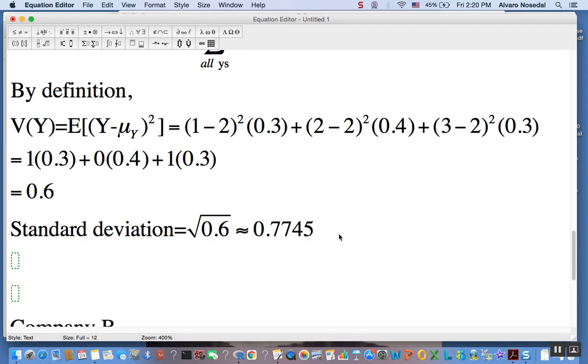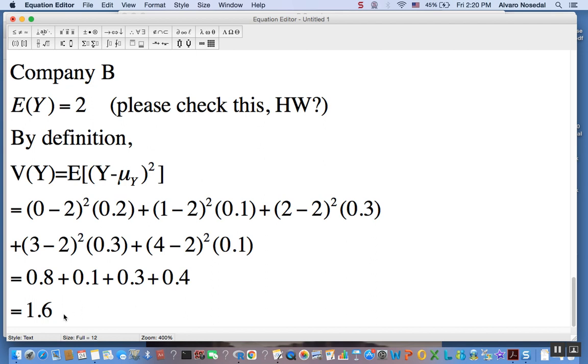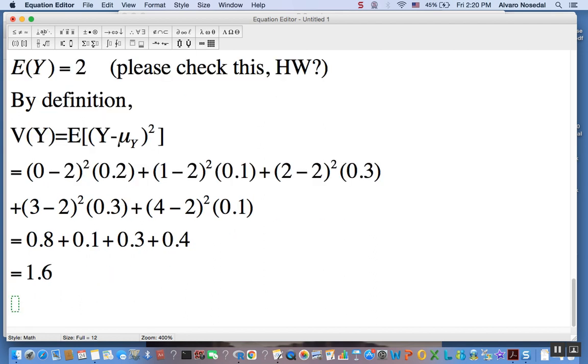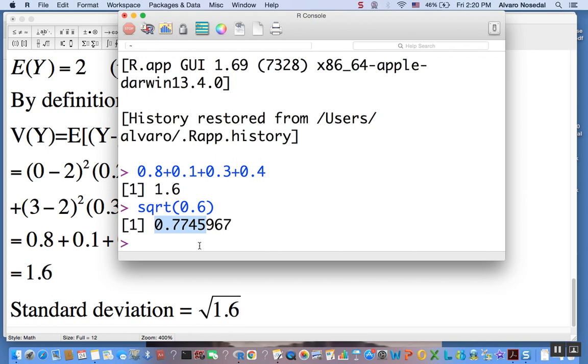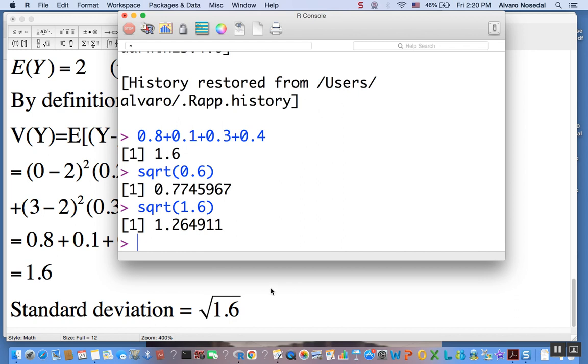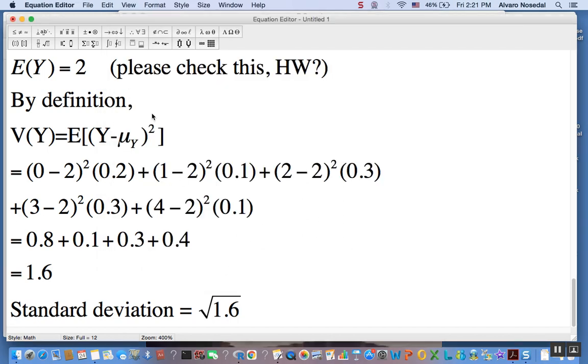Okay, and something similar for this one. So the standard deviation for company B would be just the square root of 1.6, right? So roughly that.